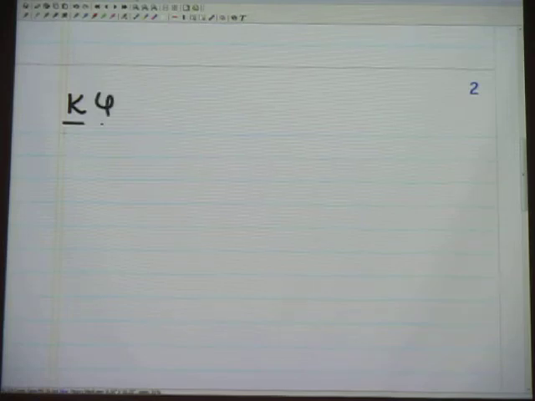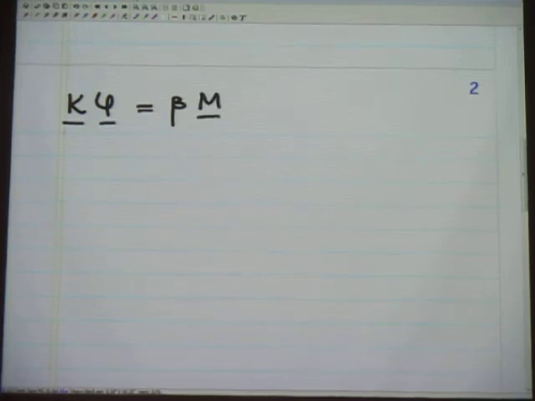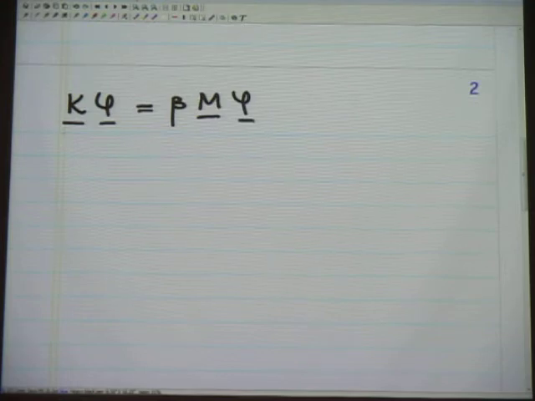K phi equal to beta m phi. There are two ways you can do this. The first, remember that m is equal to 2I.